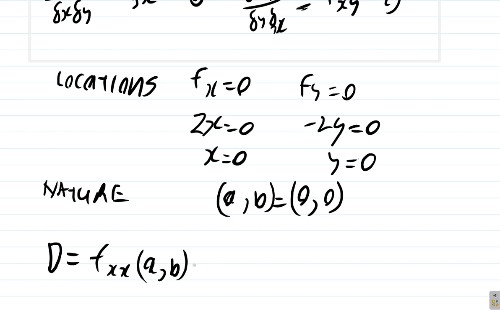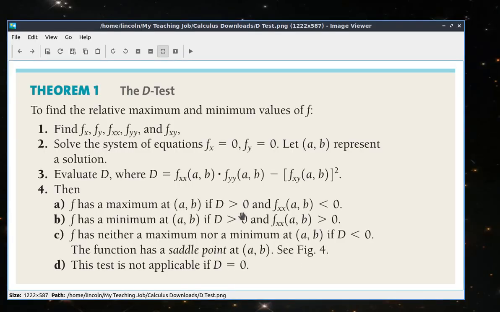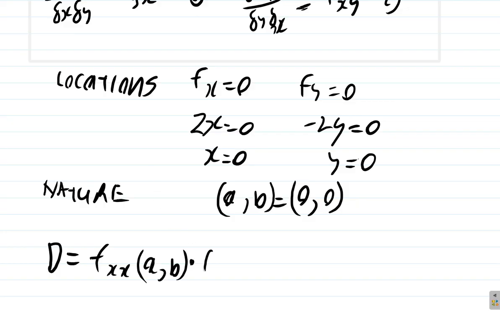We're going to put the values of a and b in it to find out what it is. Then we multiply that by fyy(a, b). The dot that they put there means multiply; instead of the multiplication sign, they put the dot.